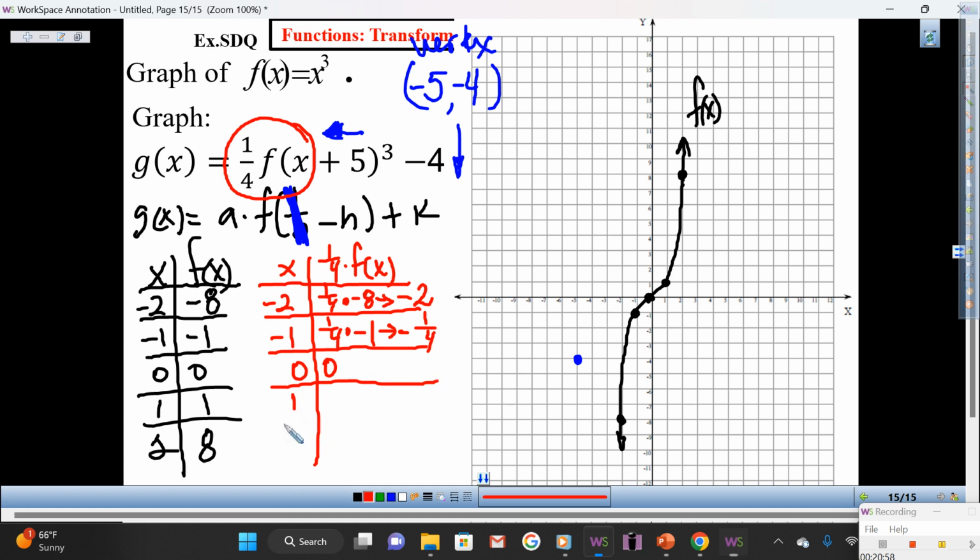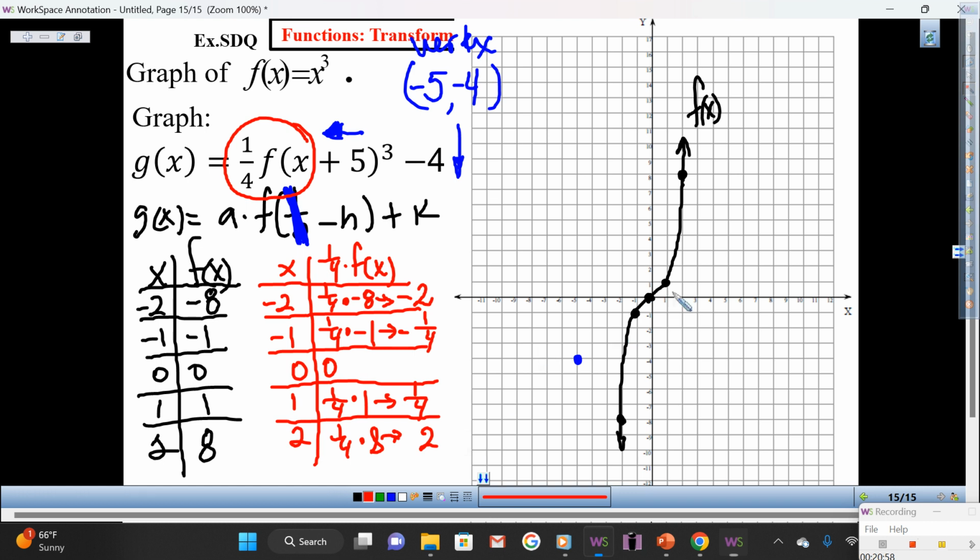Next one, Fredo. 1/4. Yeah. And the last one, Mr. Q, 2, is 1/4 times 8, which is 2.